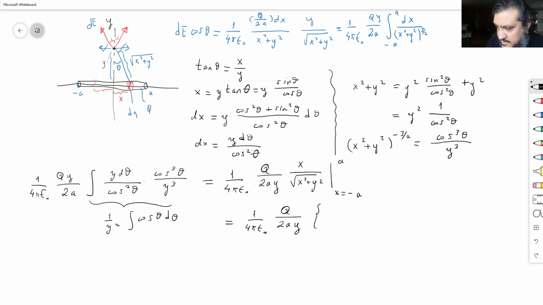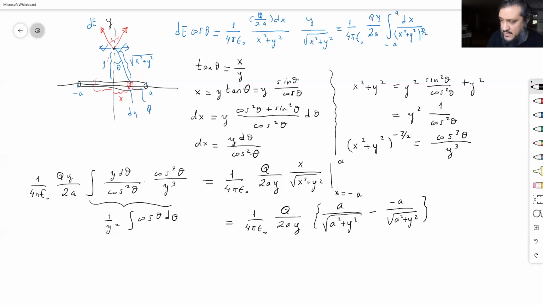Plug in the upper limit, a over square root a squared plus y squared, minus, now plug in the lower limit, negative a over the same thing, square root a squared plus y squared. So a minus negative a makes 2a, and then I have 2a in the denominator here.